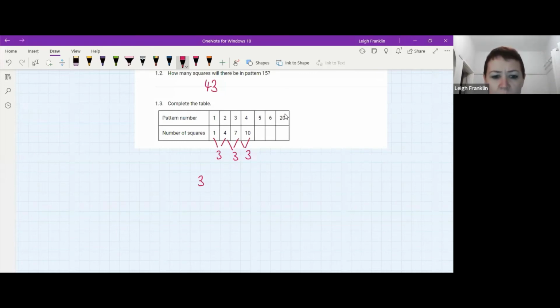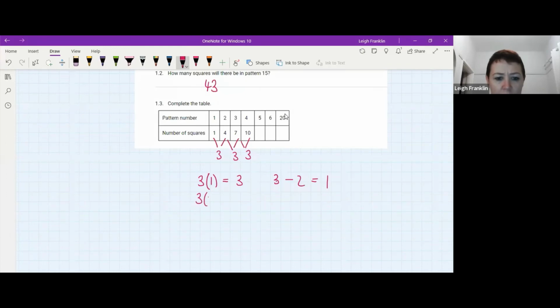So in other words, if we take 3 and we times it by 1, so pattern number 1, we get an answer of 3. But that's not what we get out. We don't get 3 out, we get 1 out. So that means that we've got to start with 3 and take away 2 in order to get back to 1 again. And then we can test to see if this rule works.